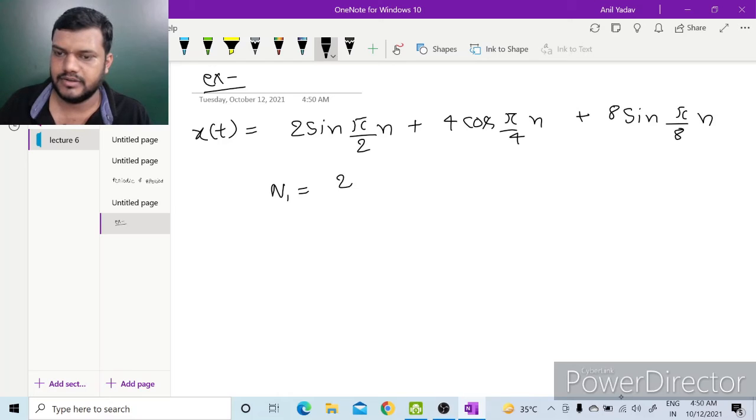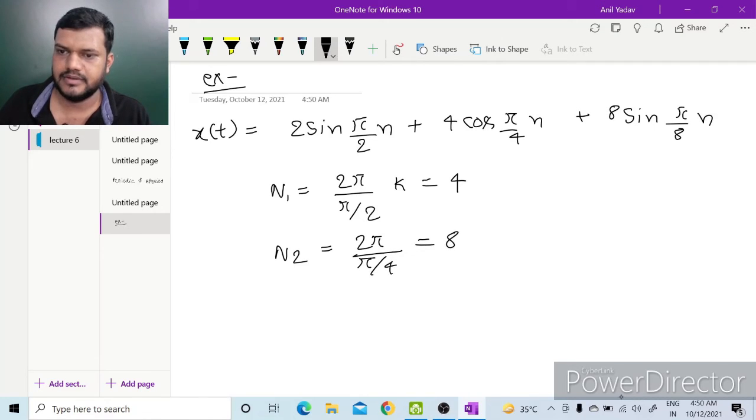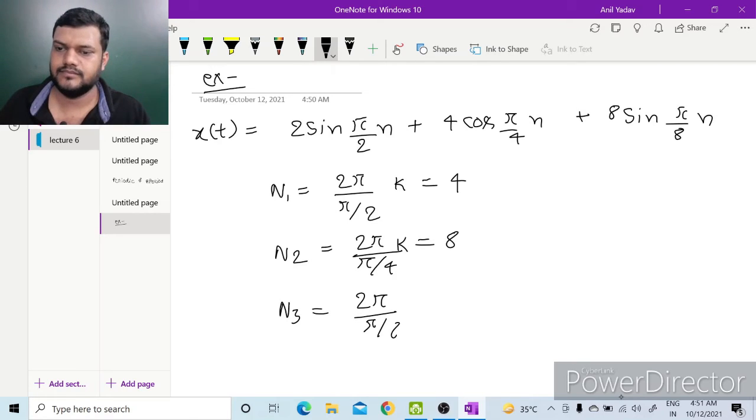N1 is 2 pi by omega naught into k, which is 2 pi by pi by 2 into k. So this became 4. N2 will be 2 pi by omega naught, which is 2 pi by pi by 4, so it became 8. We can take the value of k as 1. Here again N3 will be 2 pi by pi by 8, so it became 16.